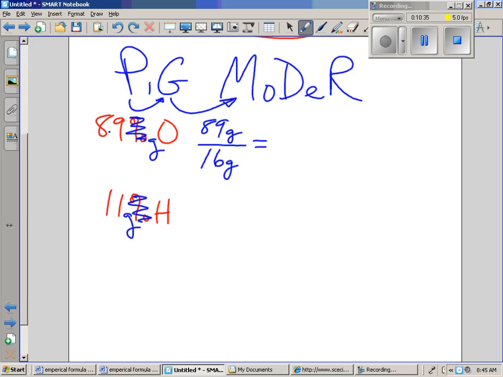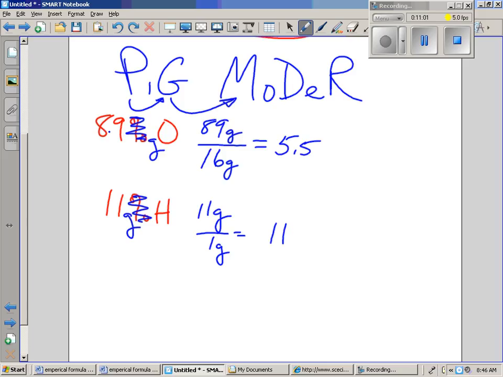And then hydrogen is 11 grams. What's hydrogen weigh on the periodic table? Yep, 1. So this is 11. And this I don't know yet. 5.5. Five and a half. I'm in moles right now. I have 5.5 moles and 11 moles.